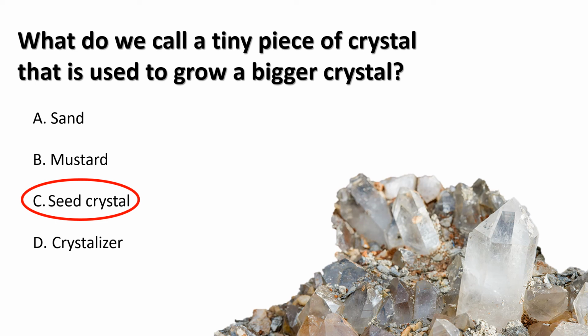It's C, a seed crystal. Like a tiny seed that grows into a big plant, a seed crystal helps start the process of growing a large crystal. You don't always need to have a seed crystal for it to grow to a big crystal, but it does help it go a lot faster.